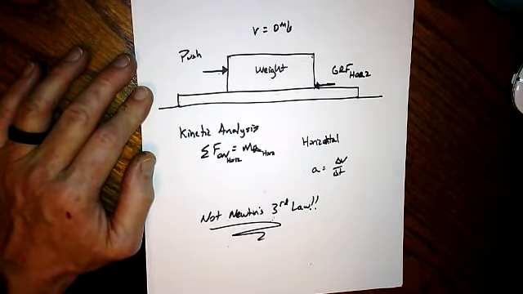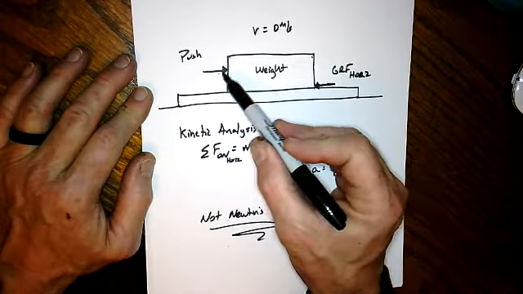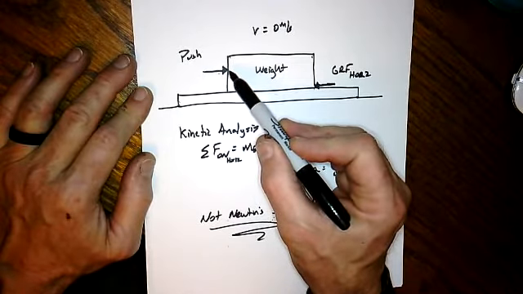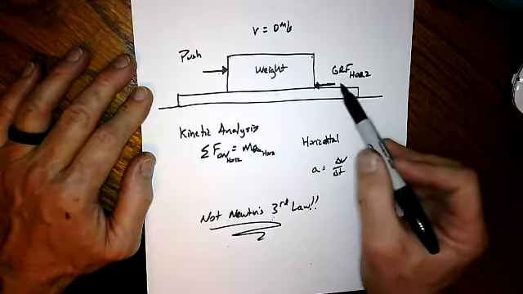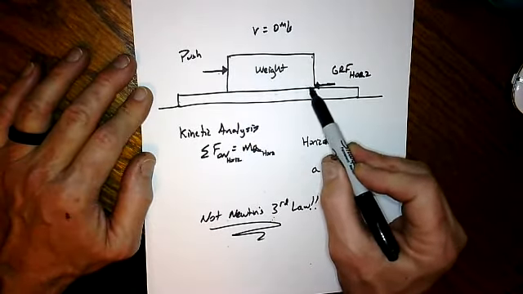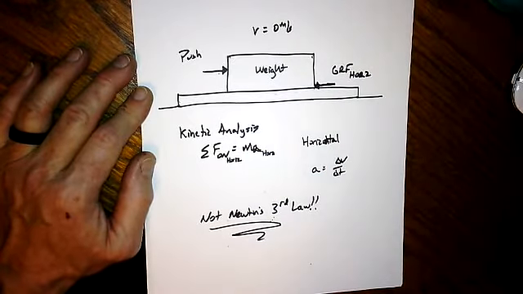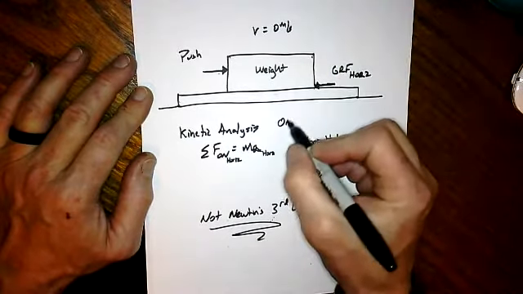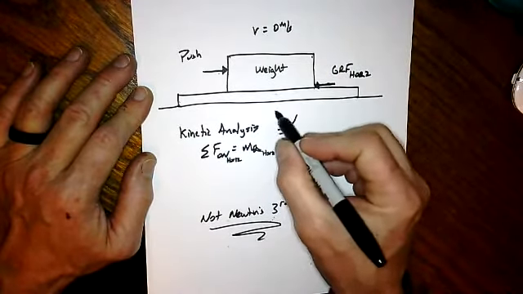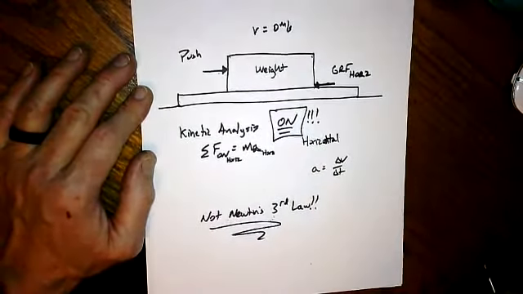What Newton's third law says is for every force acting on the object, there's an equal and opposite force created by the object. That means the weight is pushing on my hand. The weight is pushing on the ground, and the ground is pushing on the weight, okay? Forces come in pairs. These are forces acting on, really important, on the object.